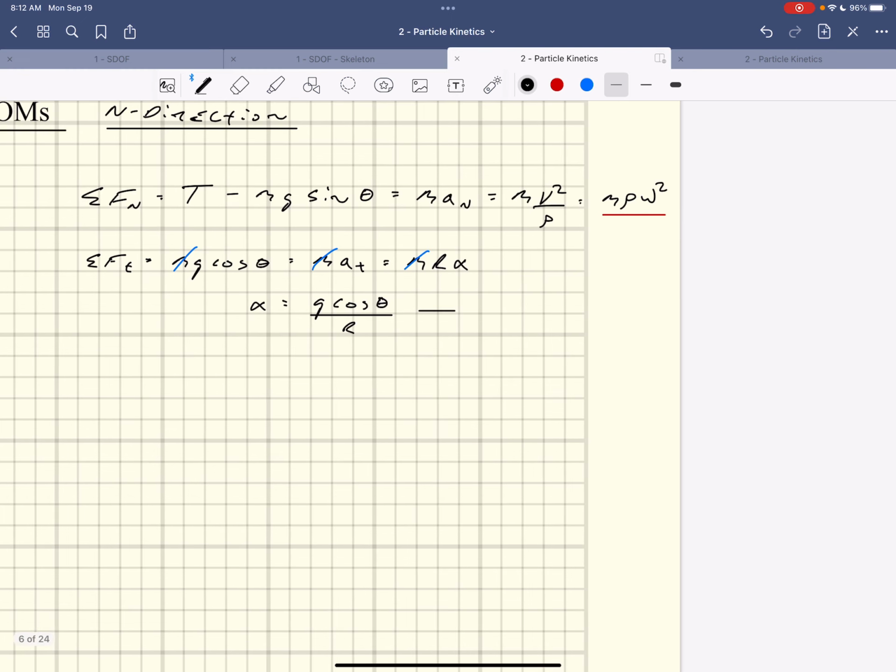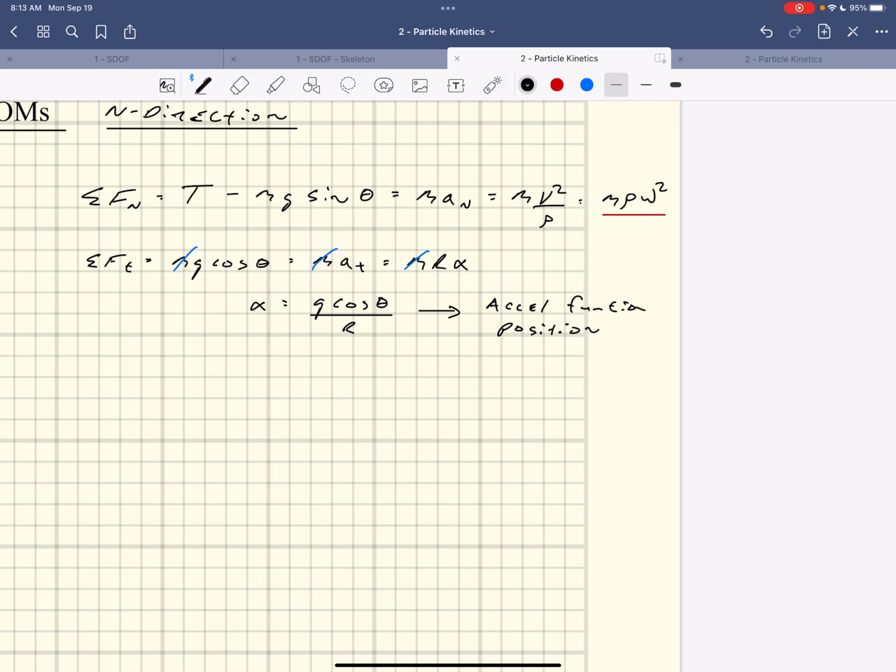And this is a function of position. Alpha is a function of theta. So that's the same as acceleration as a function of position. So then you go back to what we did for rectilinear stuff, and you look up how you do problems that have acceleration as a function of position.